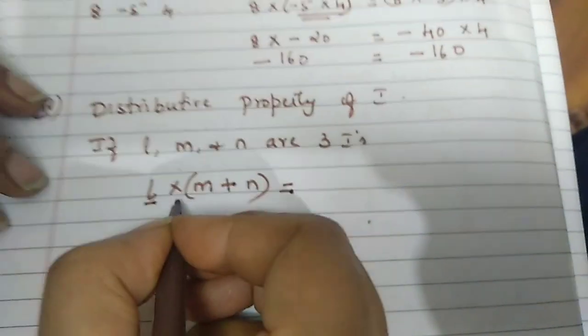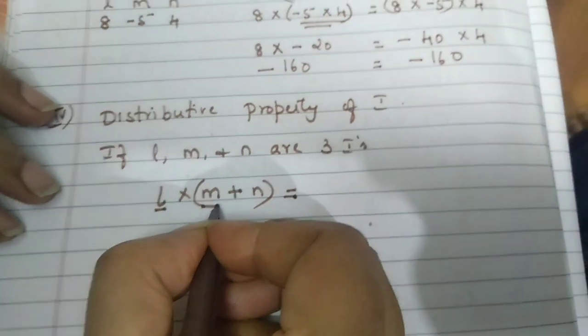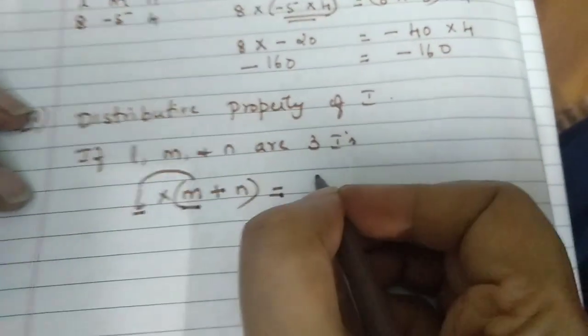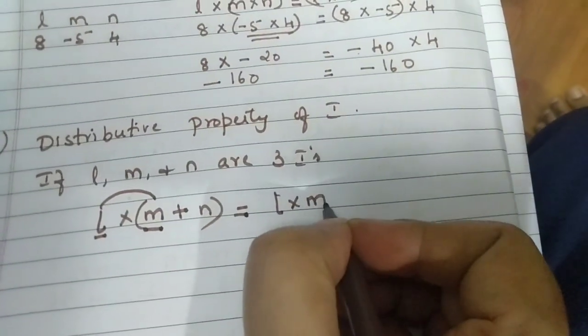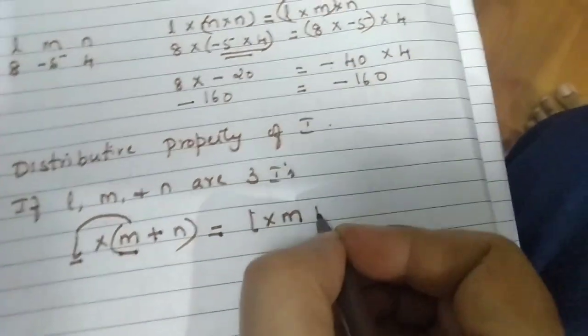So L into (M plus N) equals, now see, I'll tell you how to do this. Take L and multiply it with M first, so it's L into M. Take this positive sign.